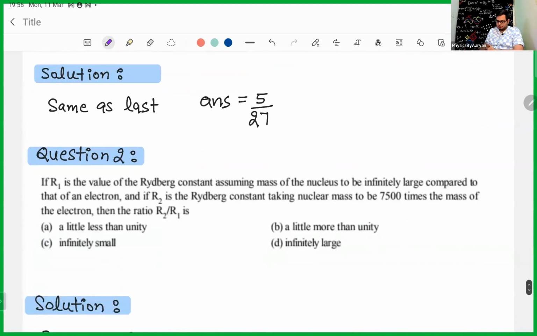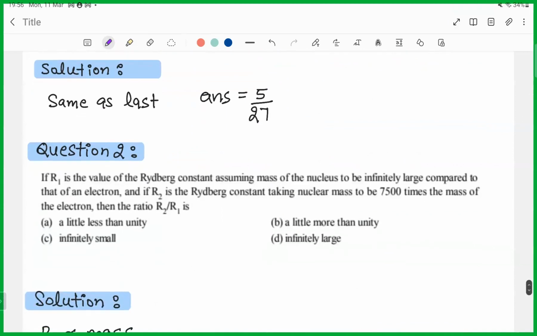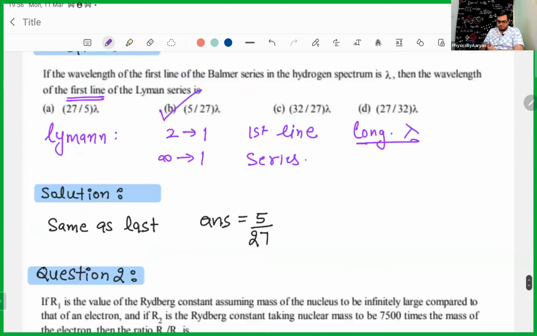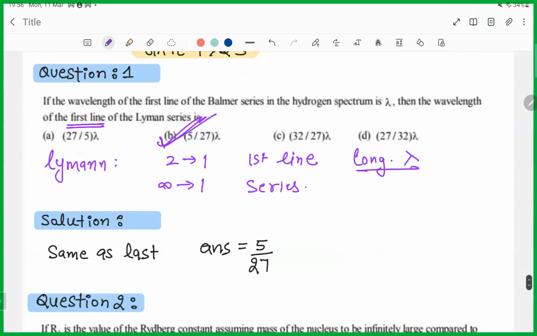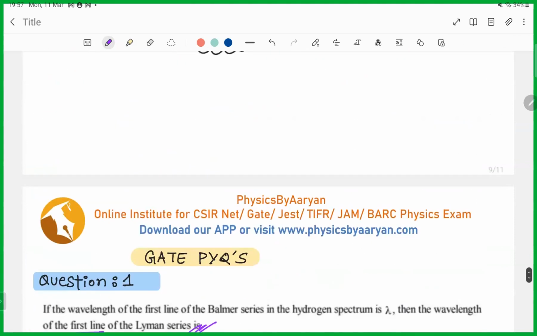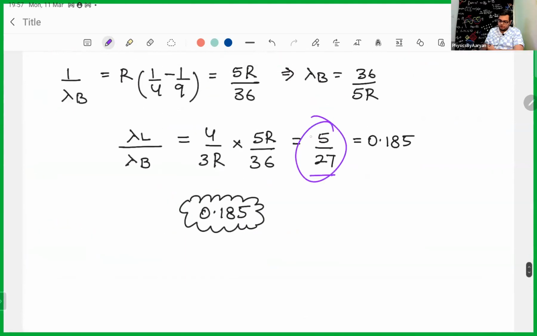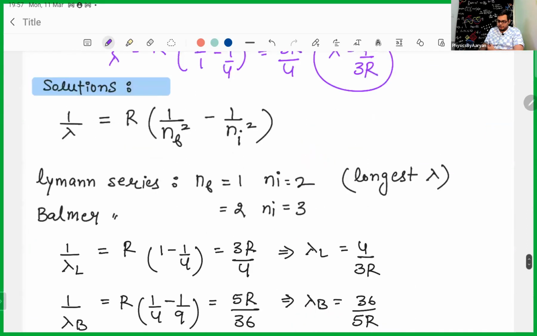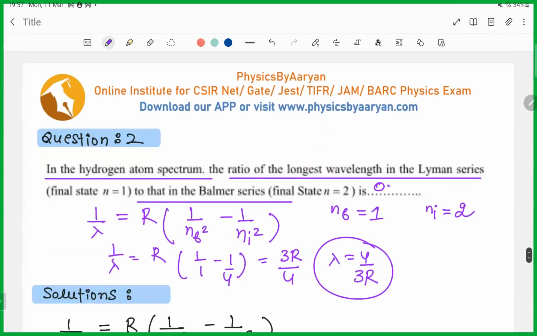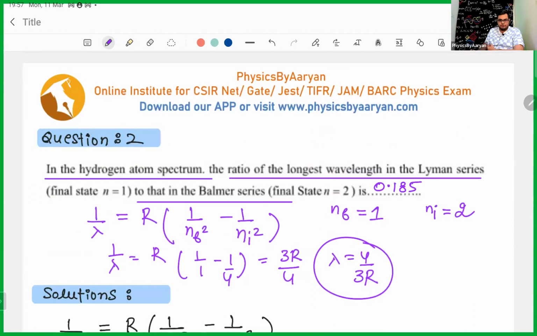What about this question? Can you show the answer of the last question? Yeah, 5 by 27. We calculated that. That was a numerical integer. So here we had to put the value.